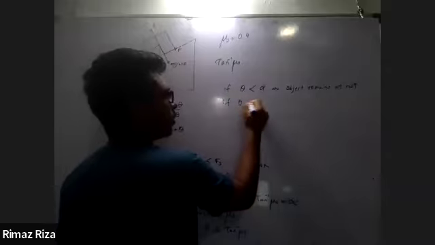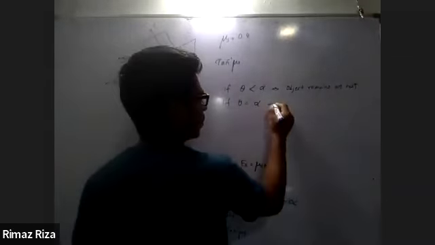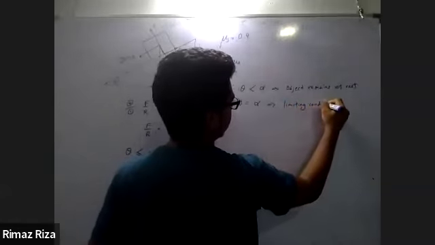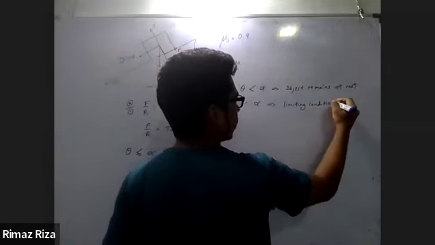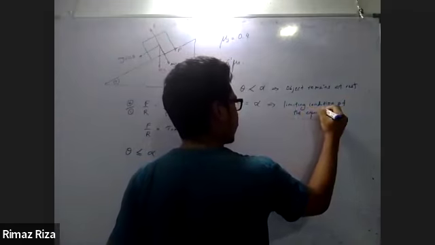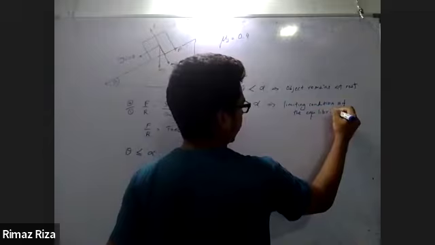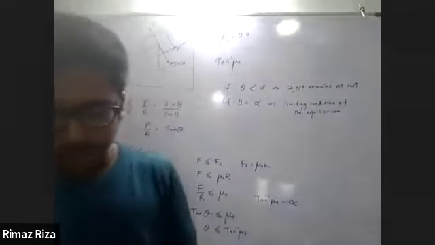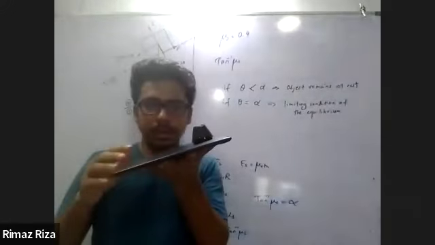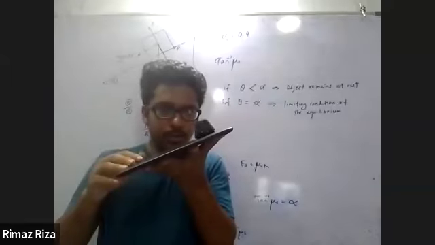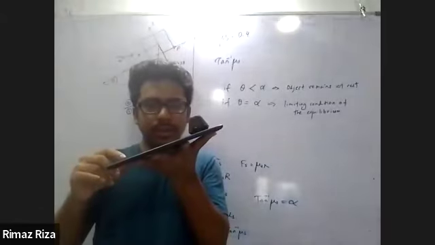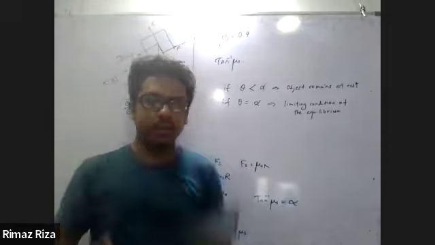If theta is equal to alpha, this is the limiting condition of the equilibrium. That means that is the maximum angle that theta can take without breaking the equilibrium. So this is the maximum angle. Then if I slightly increase, what happens? Just slightly.